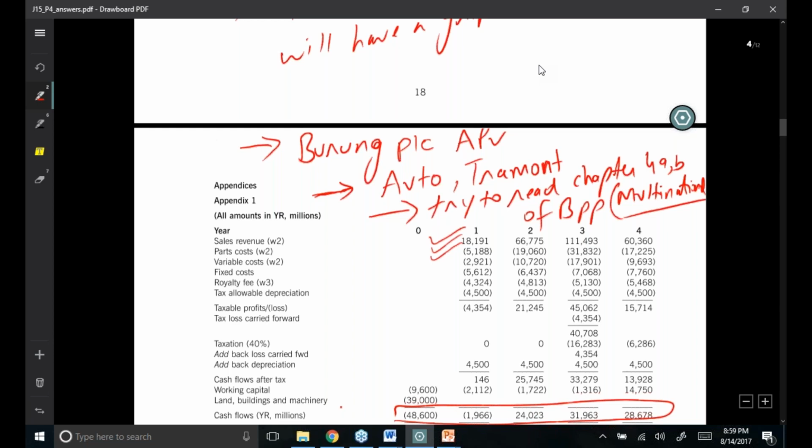So try to read that chapter and try to solve these 3 questions. If you solve these 3 questions and read this chapter, that means you have covered today's topic of basic investment appraisal and international investment appraisal.